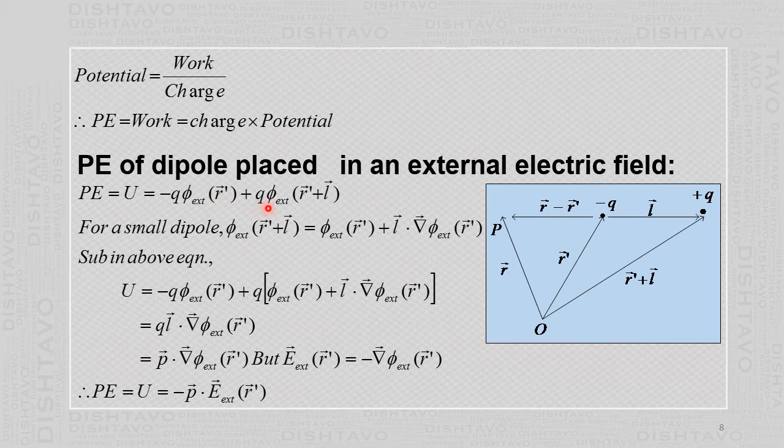Similarly here, this is the potential energy of the charge plus q. So we take that charge plus q into the potential at the position where it is kept, which is vector r dash plus vector l. So we get this equation.